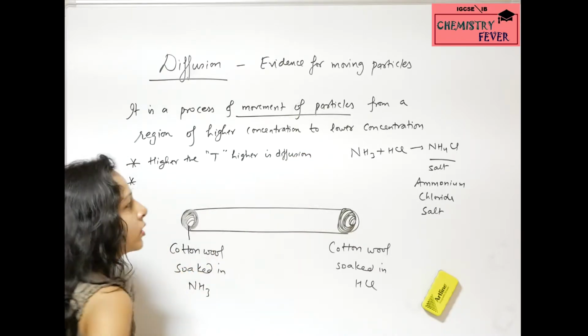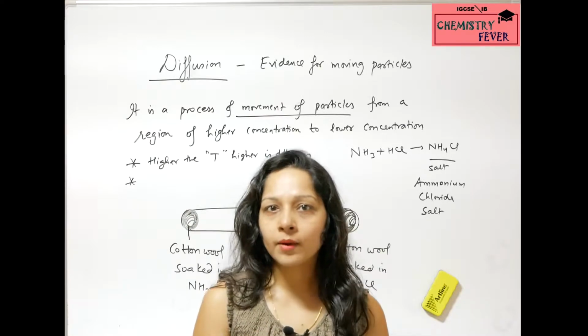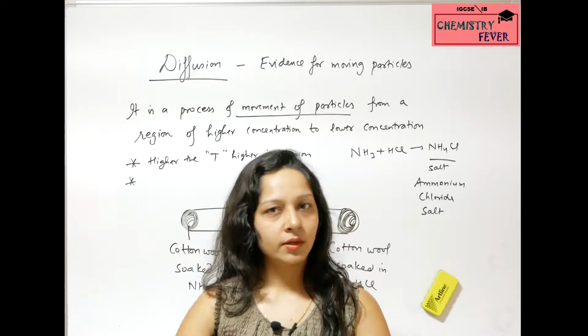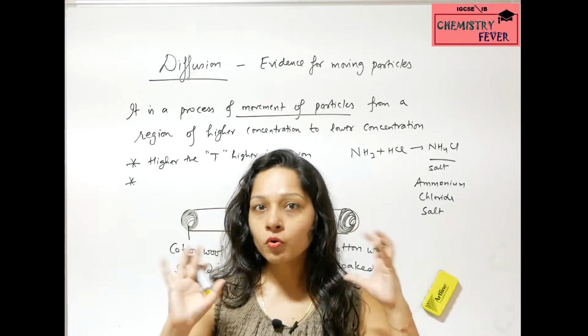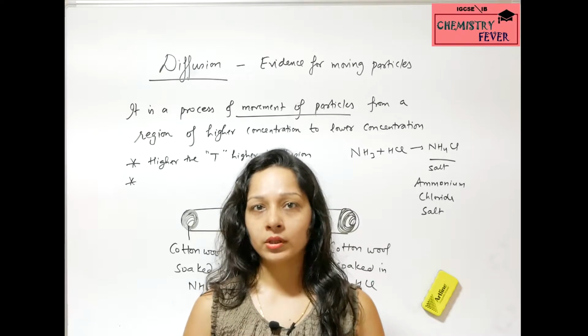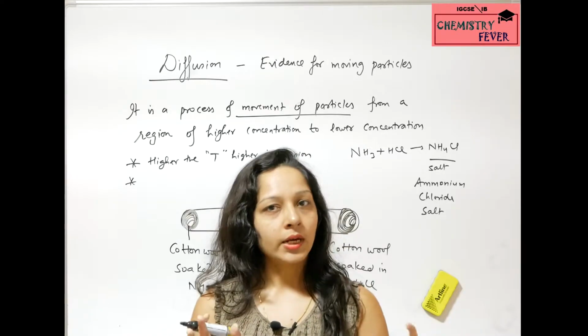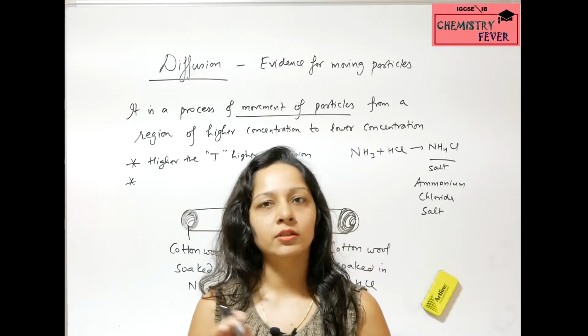Second, very important point. Next, diffusion is depending upon the size and mass also. Smaller the particles, faster the movement. We have studied in kinetic theory of matter. So now you must be able to recollect all the information that I have been giving you, that if there are smaller particles, lighter particles, diffusion is faster.